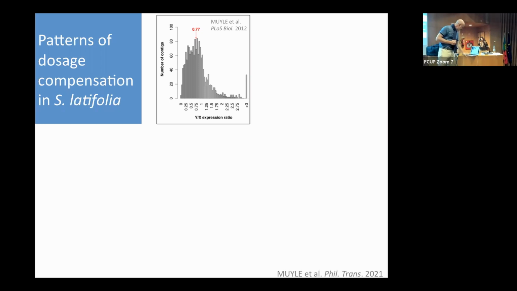And the mean is actually significantly lower than 1. So this means that in principle, the males should have a problem of underdosage for all those genes, right? And in animals, we know that this problem is solved by a mechanism called dosage compensation. Maybe you have heard about it. Maybe not.